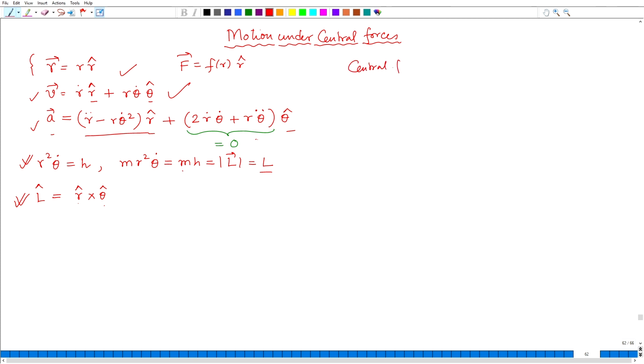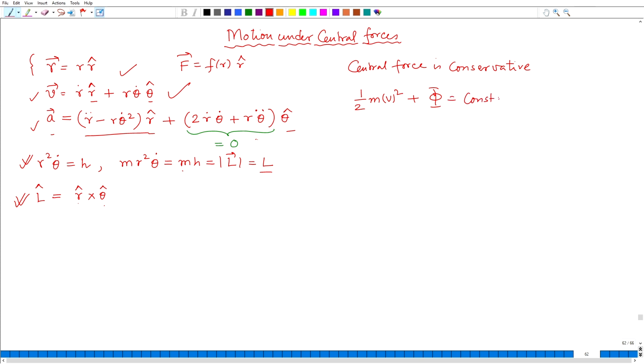So, central force is conservative, that we know, because this is a curl-less field and it can also be written as a gradient of a scalar, and for all these reasons its total mechanical energy, which is nothing but half m v square, where v is the speed here, plus the potential energy, is a constant quantity.